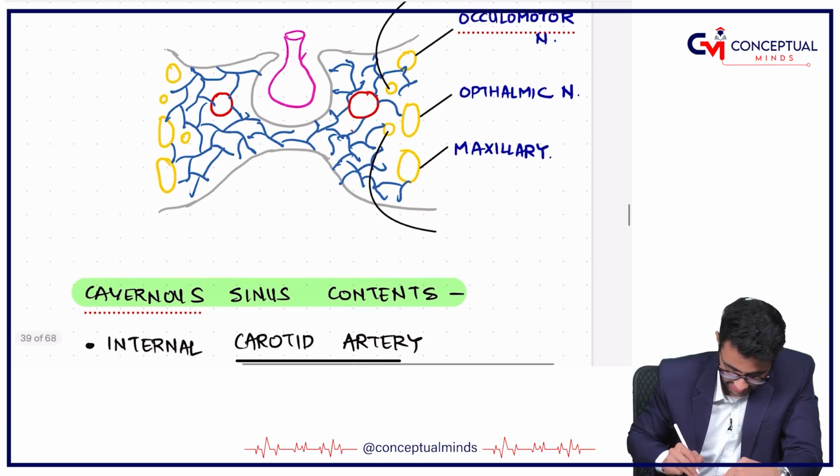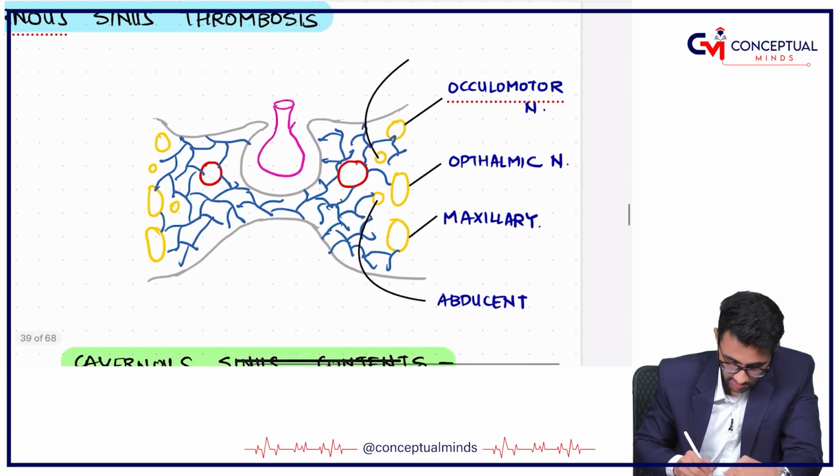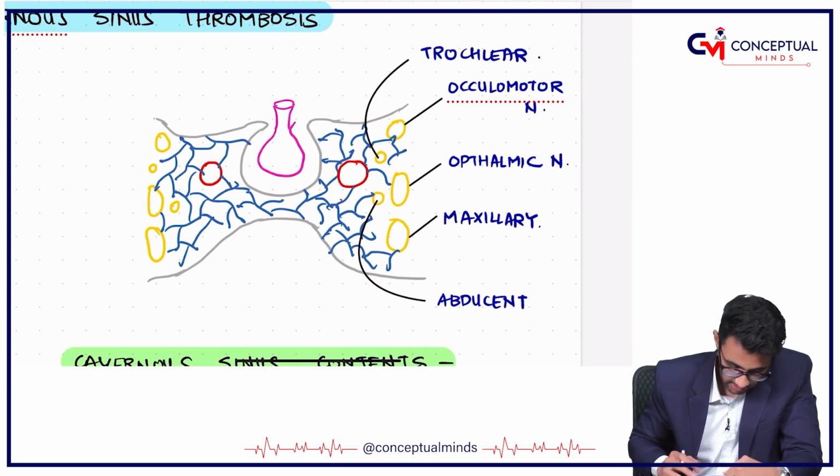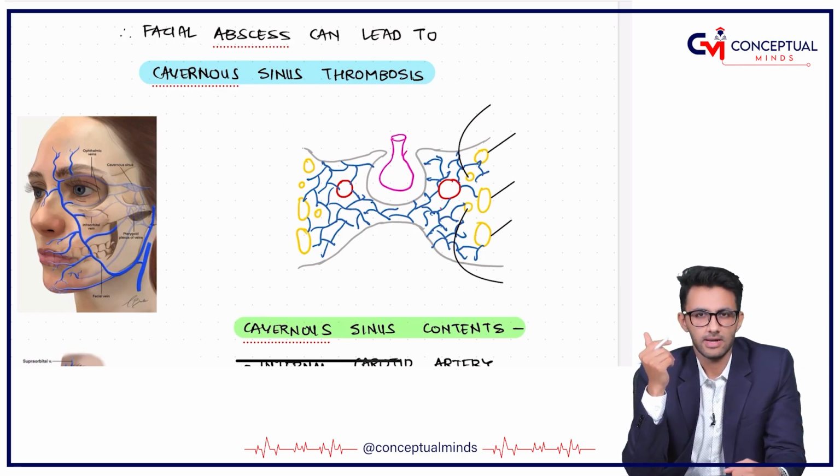The one at the bottom is the abducent, and this is the trochlear nerve. So this facial abscess, if untreated, can cause a cavernous sinus thrombosis.